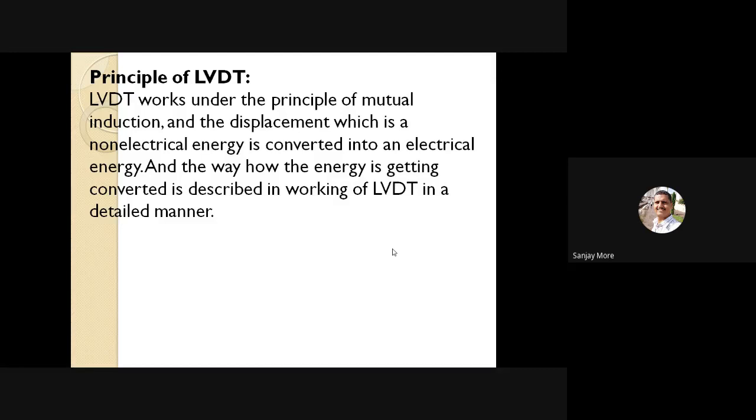Okay, so see the description. Principle of LVDT: under the principle of mutual induction, the displacement, which is non-electrical energy, is converted into electrical energy, and how the energy is converted is described in the working of LVDT in detail.